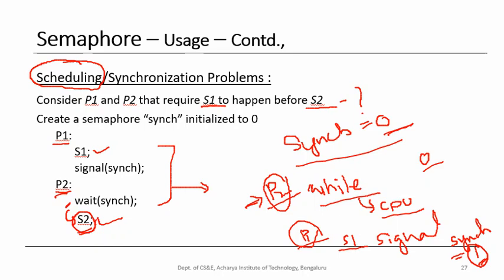You can use it as a binary semaphore for achieving synchronization among concurrently running processes, or you can use a counting semaphore to control the access to a particular kind of resource having multiple instances, or you can use it for this kind of synchronization problem, that if you have something like execute statement S1 before S2, you can do so with the help of a semaphore, which I have now demonstrated here.